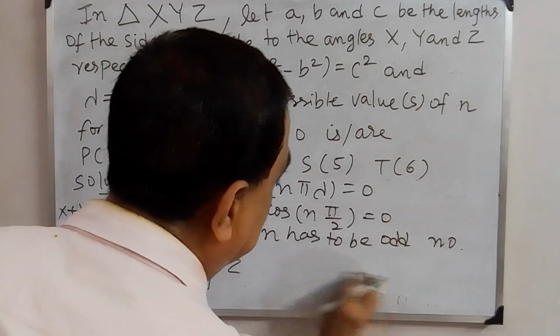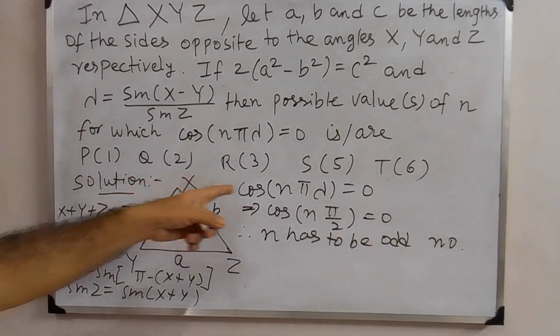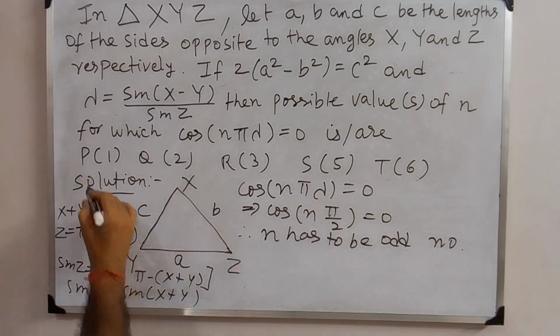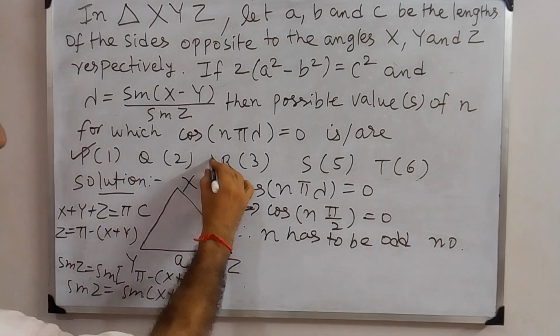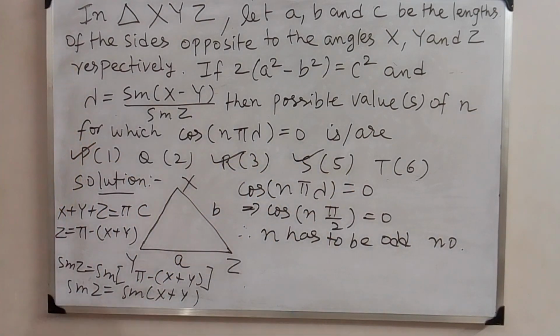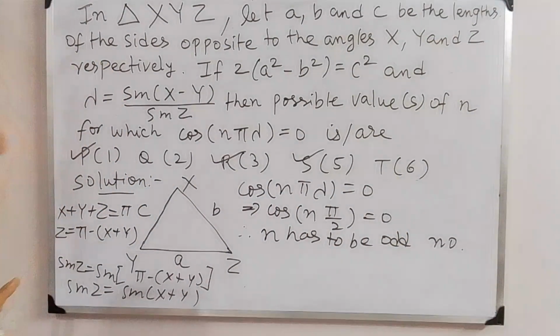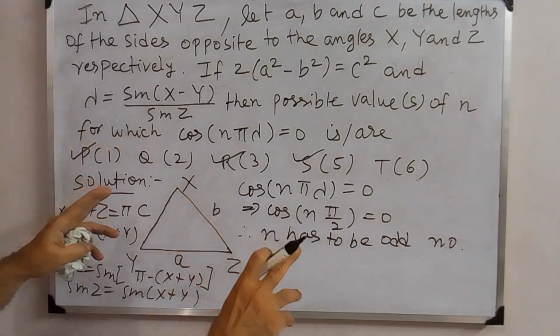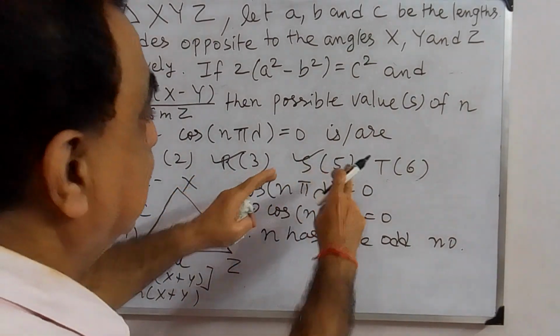Now check from the given options which are the odd numbers. Those will be the possible values of n. The odd numbers in the given options are 1, 3 and 5. 2 and 6 are even numbers, so they will not be possible values of n. So the possible values of n are the odd numbers, which are 1, 3 and 5.